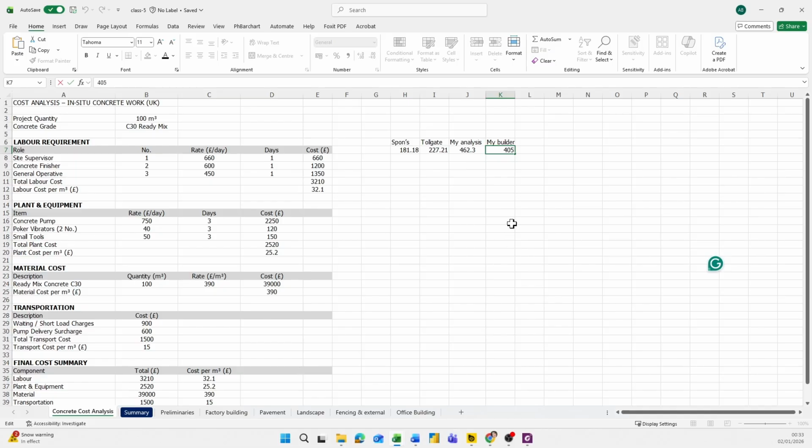I think if this project will be built this year, then I keep my builder price 405. If I keep the 462.3 price, I assume this project will be built in 2027. So the price is a bit higher, because next year obviously price will be higher.